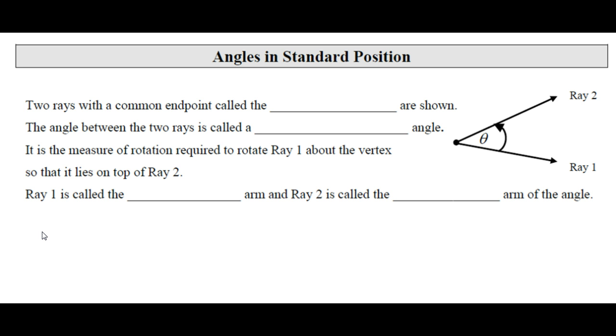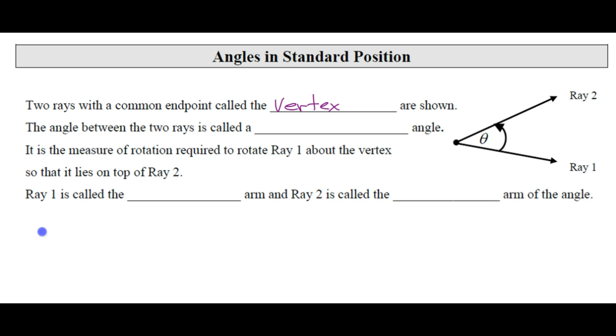So two rays with a common endpoint called the blank are shown. Let's give you the first letter. Vertex. The angle between the two rays is called a... You're not going to know this.